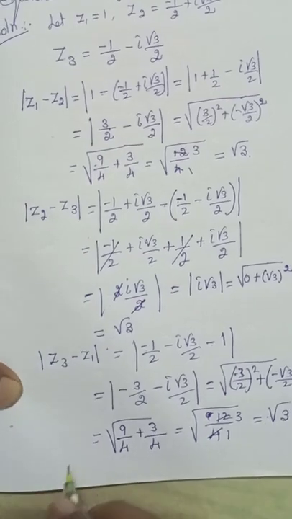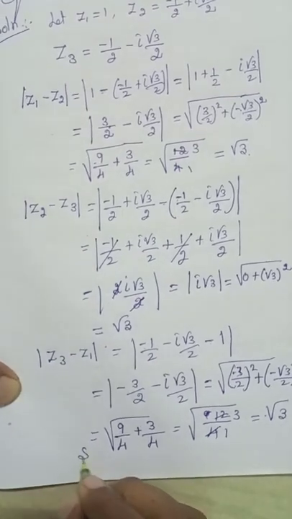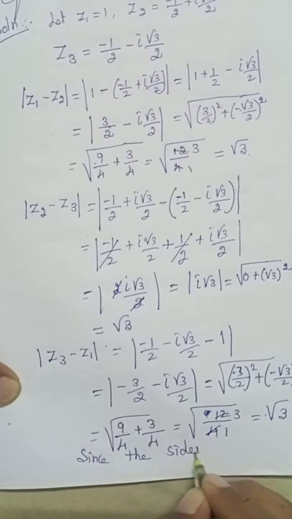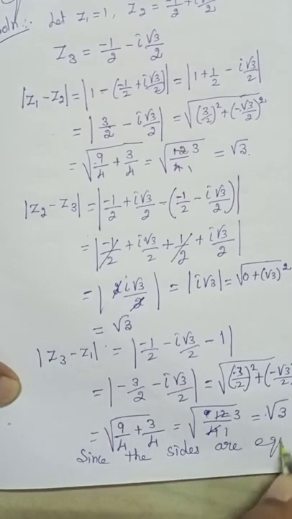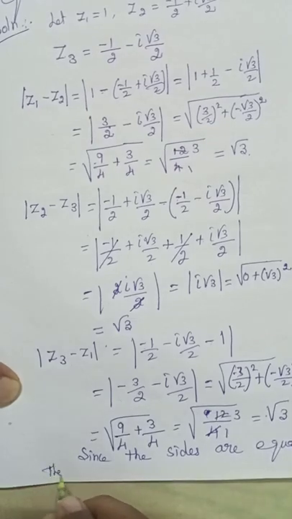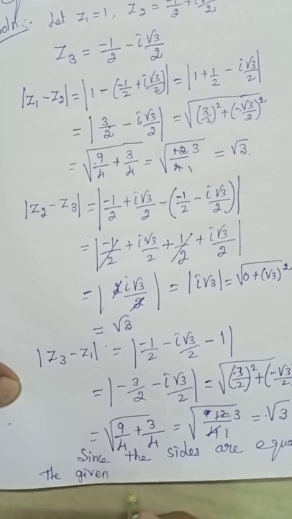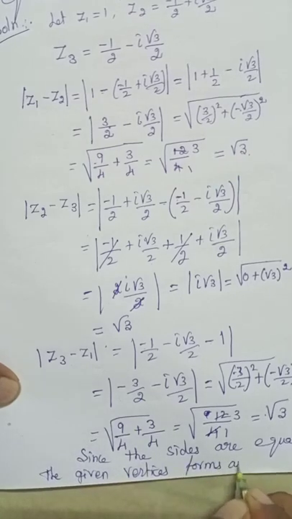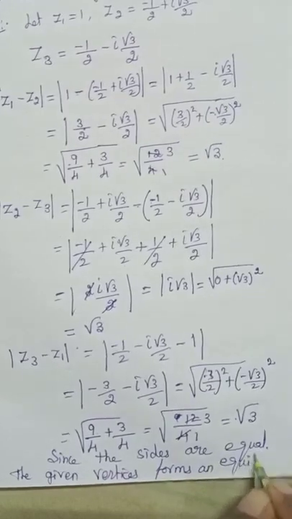So we can write it, since the sides are equal, the given points or the given vertices form an equilateral triangle.